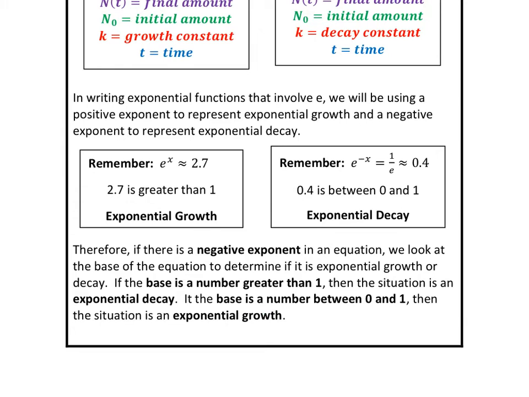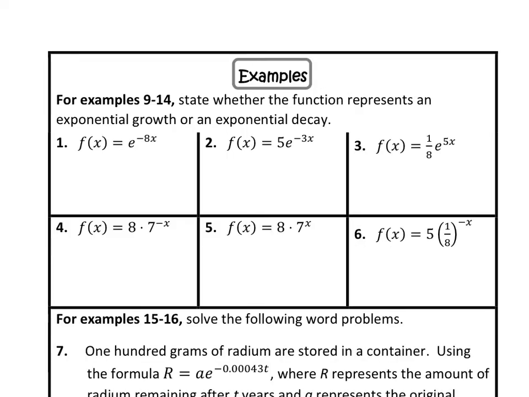Okay, so let's take a look at the examples. Here we have examples 1. Oh, sorry about that. It should say 1 through 6. It says, state whether the function represents an exponential growth or exponential decay. So let's look at the exponent and check to see what it is.